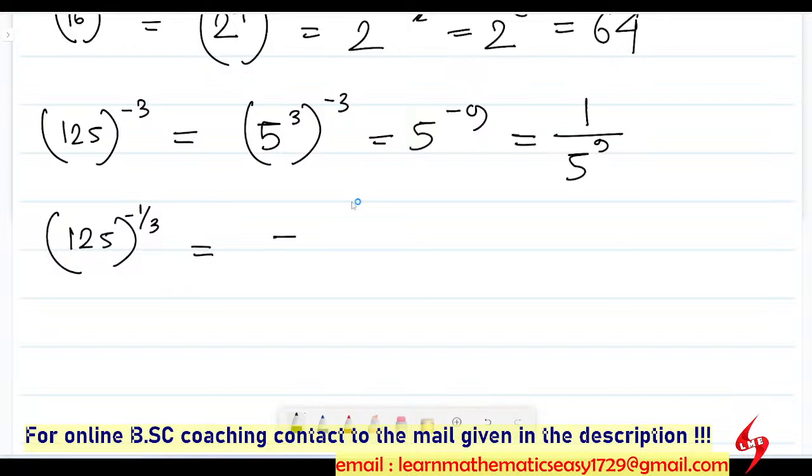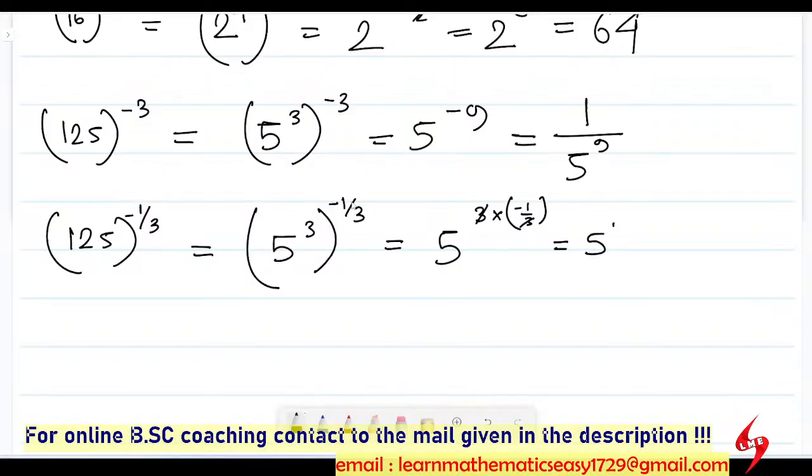That means 5 cube, 125 means 5 cube, and the power will be minus 1 by 3, and here I am multiplying the powers as well, and the 3 will be cancelled out. So 5 to the power minus 1, that means 1 by 5, because we know that 8 to the power minus n means 1 by 8 to the power n for any number. So if I have 8 to the power minus 1, that will be 1 by 8.